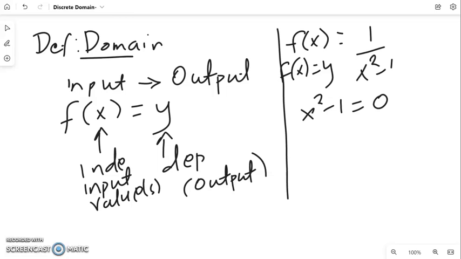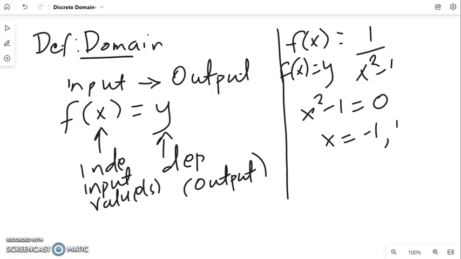This is the only time we will not be able to determine our y, when x squared minus 1 is equal to 0. This therefore means when x is equal to -1 or 1, we cannot determine the value of y.